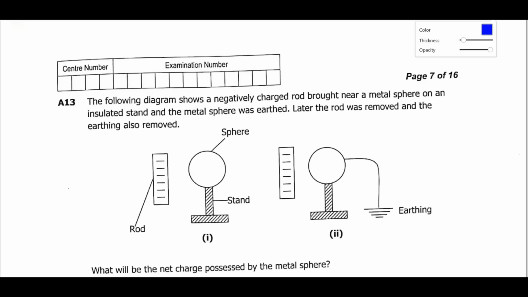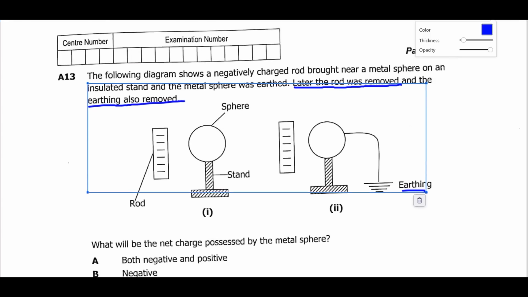Then 13, the following diagram shows a negatively charged rod brought near a metal sphere on an insulated stand, and the metal sphere was earthed. Later, the rod was removed and the earthing also removed. So earthing is all about making something that is charged to be neutral.